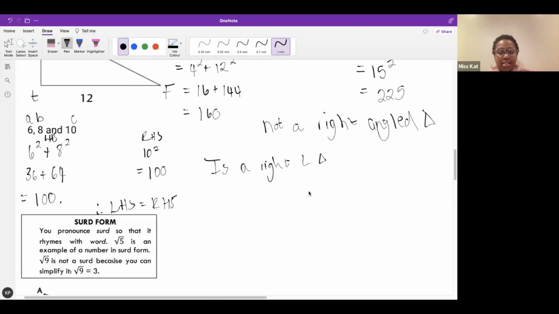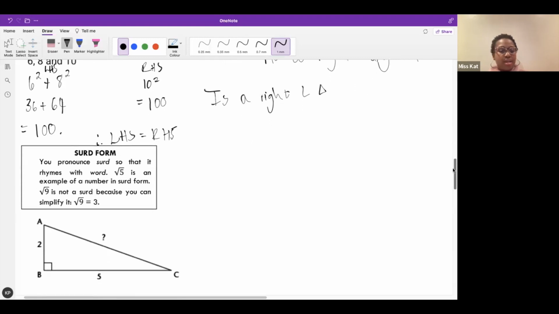Because if it was an integer, then you can simplify. So if it was the square root of 9, you would just simplify it and make it a 3, right? Why would you leave it as square root of 9 when you can solve it? But for instance, square root of 5, that's a little bit harder to solve, right? We don't know what the square root of 5 is. So in that case, you would just leave it in surd form.